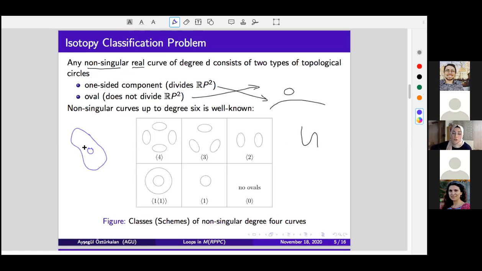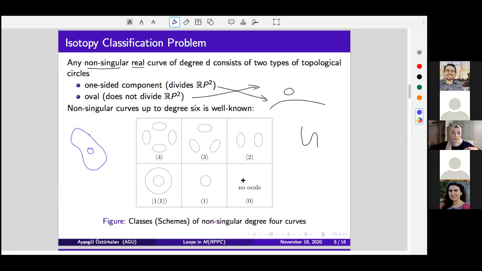It means two components which are homotopic to an oval, but one contains the other inside of it. So a degree 4 curve can be like that, or like that, or this, or no oval. If it has no real point, then it has no oval.